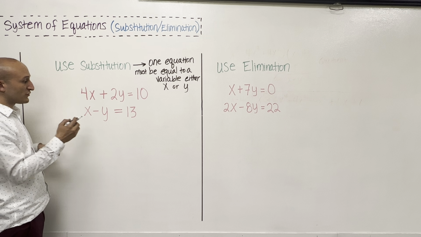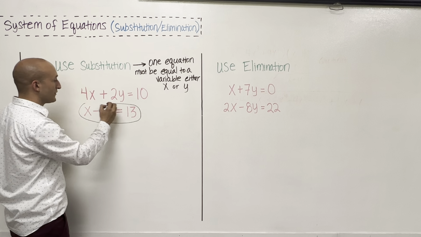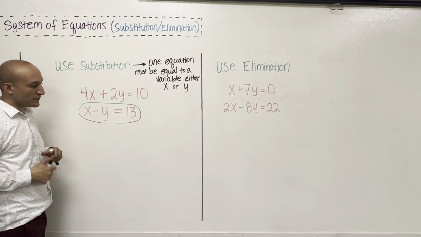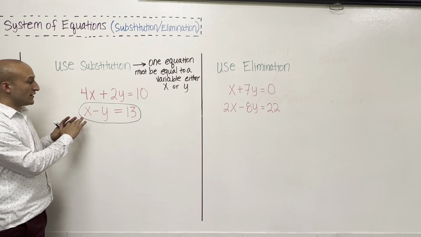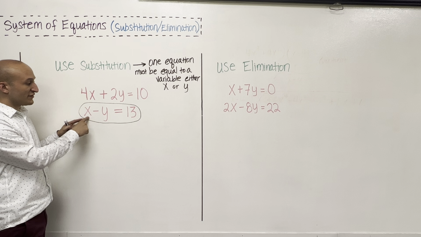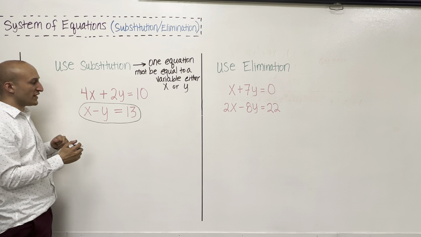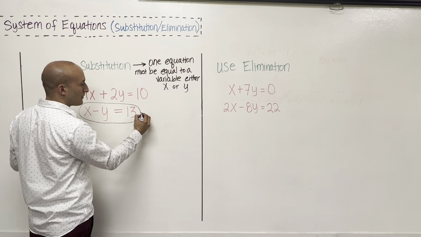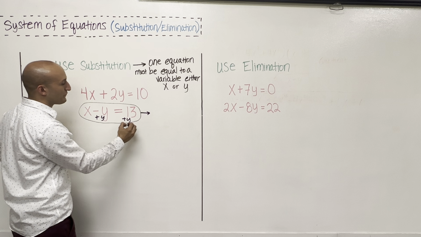So I'm going to grab this one here, okay? And it looks like it would be easier to solve for x. You can solve for x or y, it doesn't matter. But I'm going to choose to solve for x. Okay, so here, what I can do is add y to both sides, right?